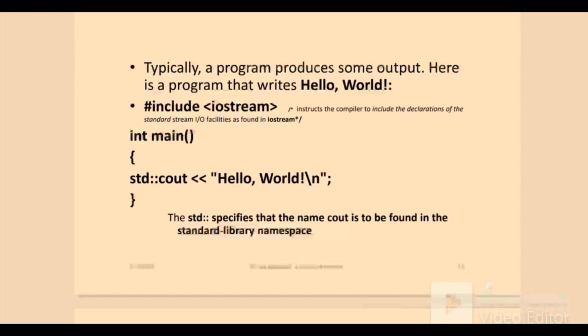C++ has two types of stream: one is input stream and another is output stream. Here I have used the output stream cout, and cout is an object, and it will display all the items from left to right. And what is std? It specifies that the name cout is to be found in the standard library namespace.